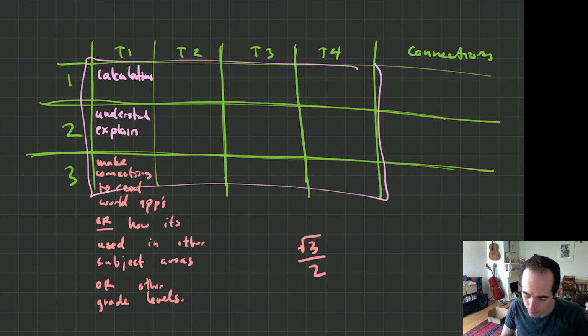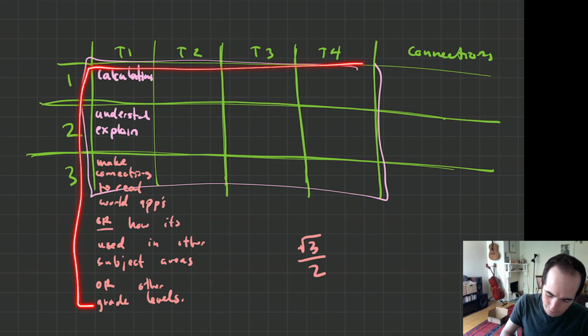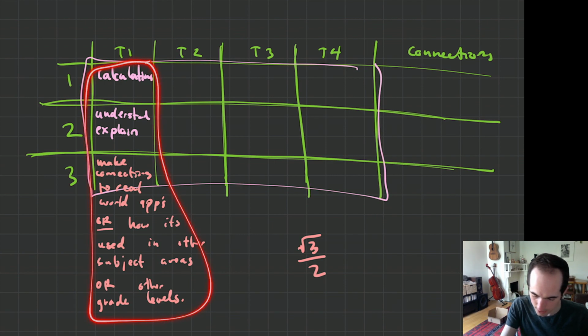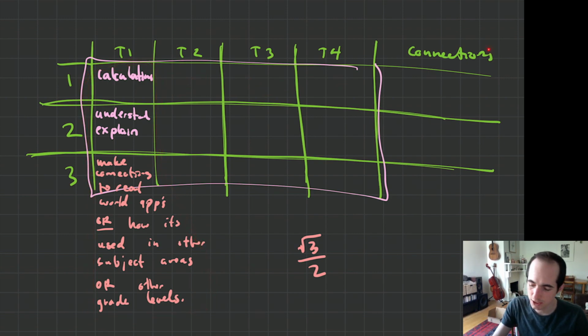That's what it takes to get 3 out of 3 in that topic. All 4 topics will have the same rubric, so I really just filled out one column and then wrote same, and then connections.